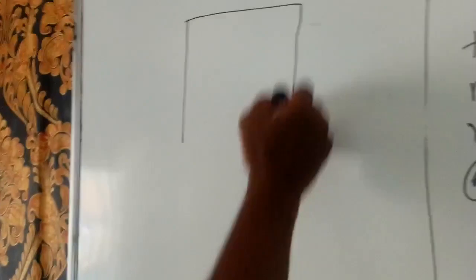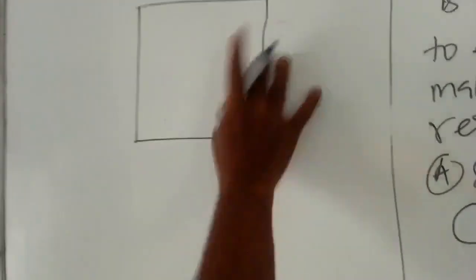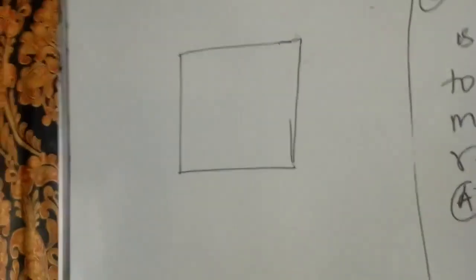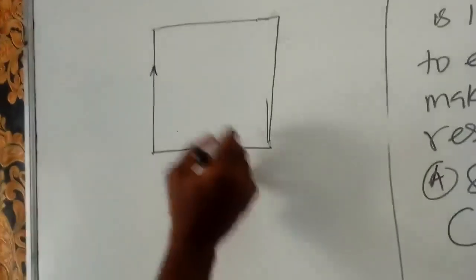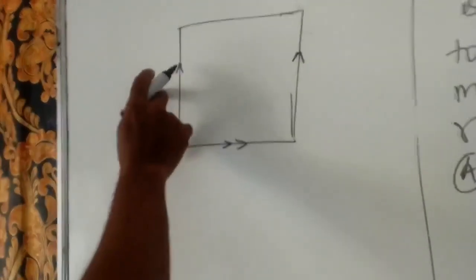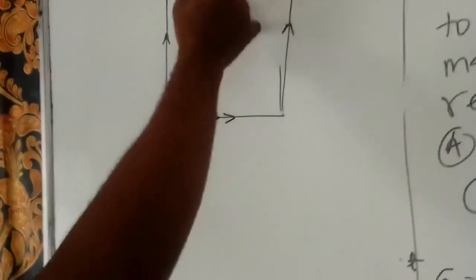So we will solve this problem by first of all drawing a rectangle, because the angles at the ends of a rectangle should be 90 degrees each. So let's take this as one of the forces, this one the other force. So this side and this other side are equivalent. This side and this other side are equivalent.